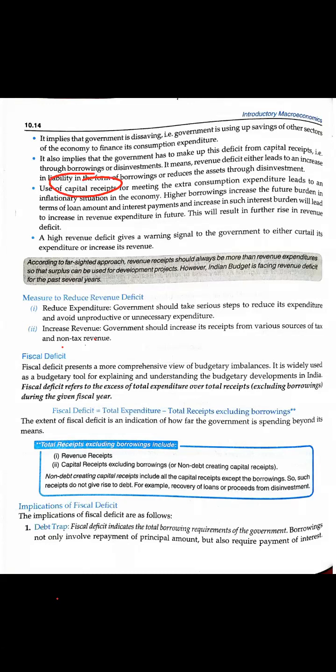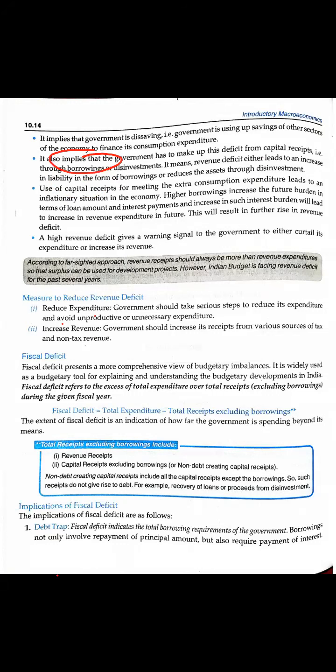What are the sources of capital receipts? Borrowing, disinvestment, then small savings. Hello guys, are you all there with me? Just turn back your page and can you refer to the sources of capital receipts? Am I audible?